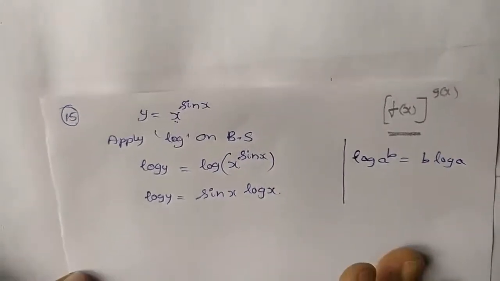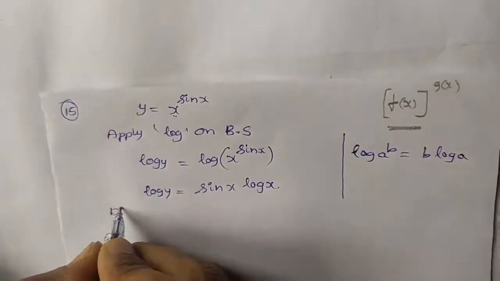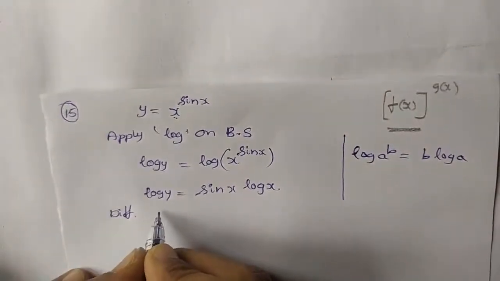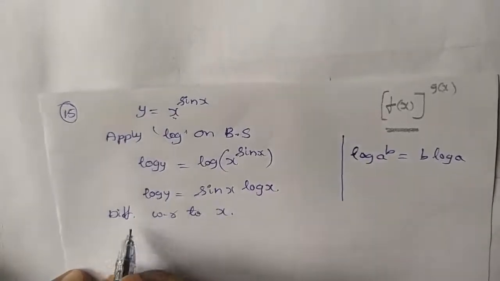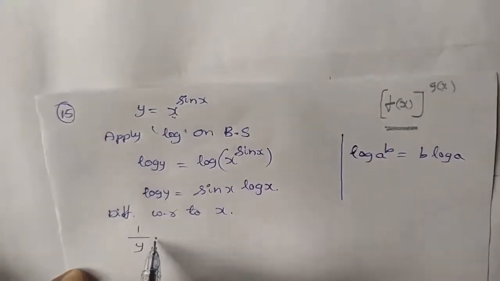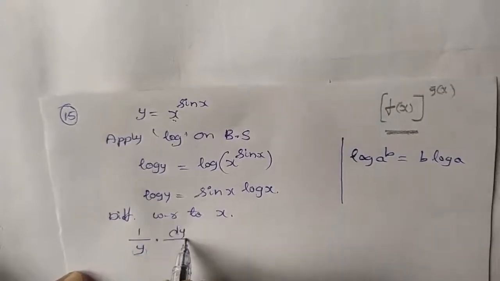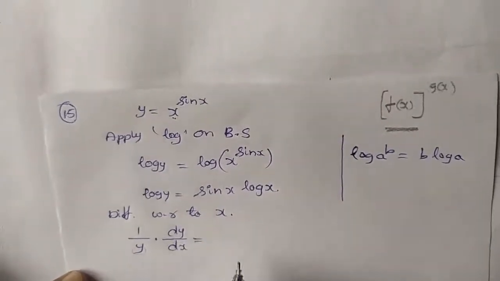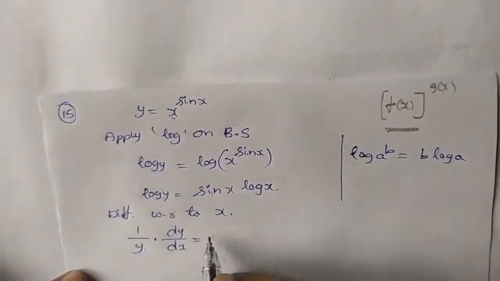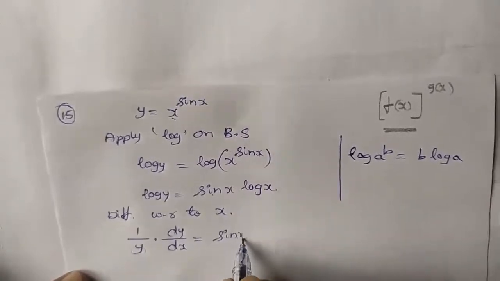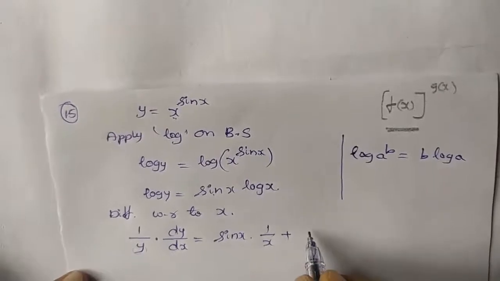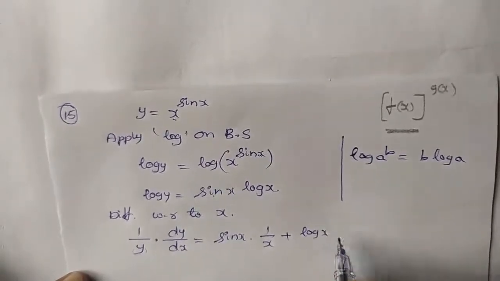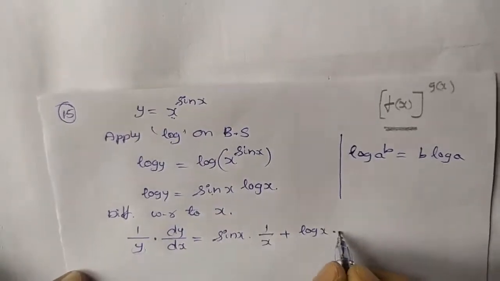Now differentiate with respect to x. Then differentiation of log y is 1 by y into dy by dx equals, now it is in product rule, sin x keep it as it is, differentiation of log x is 1 by x, plus now log x keep it as it is, differentiation of sin x is cos x.